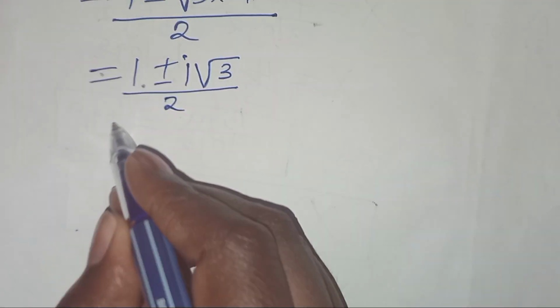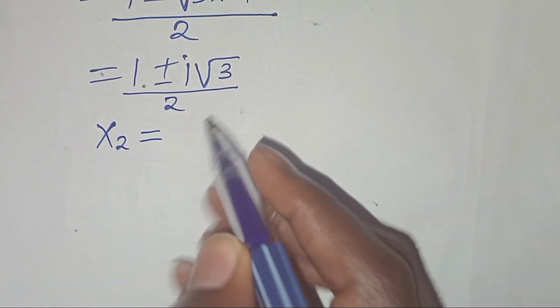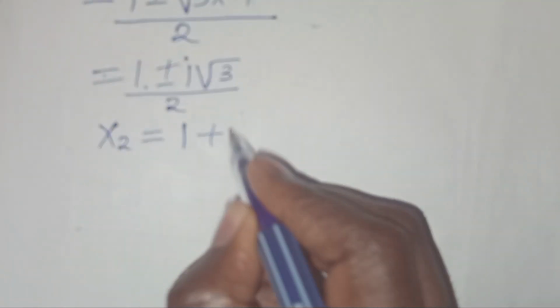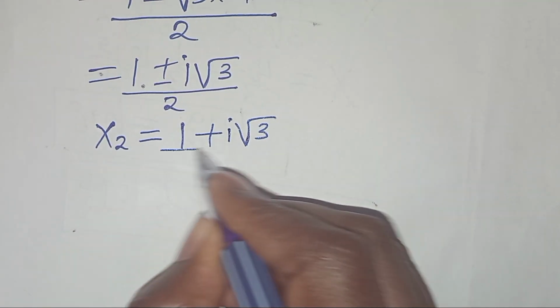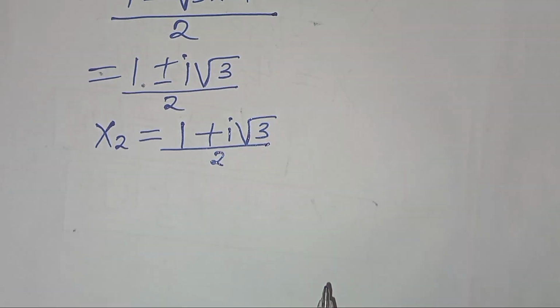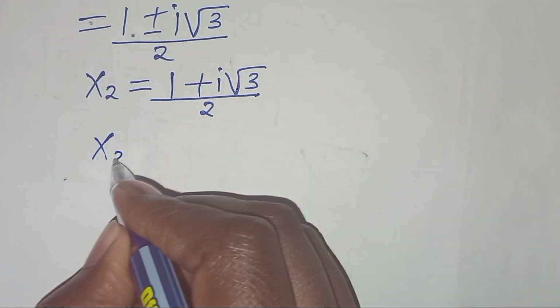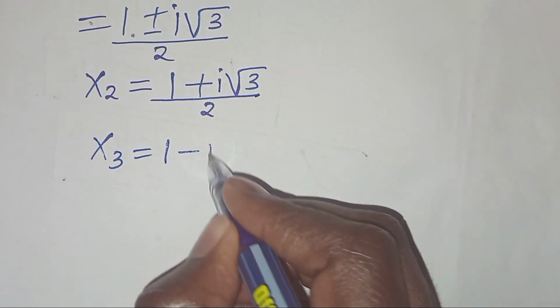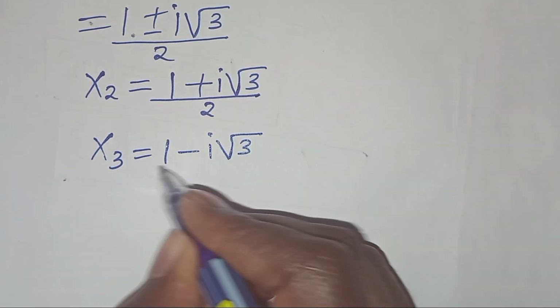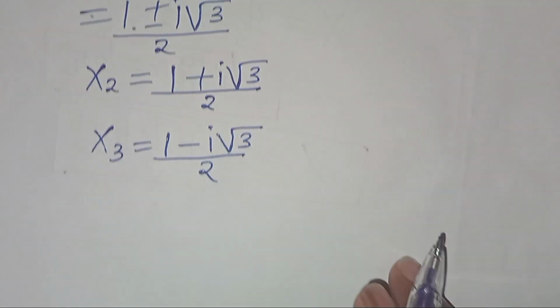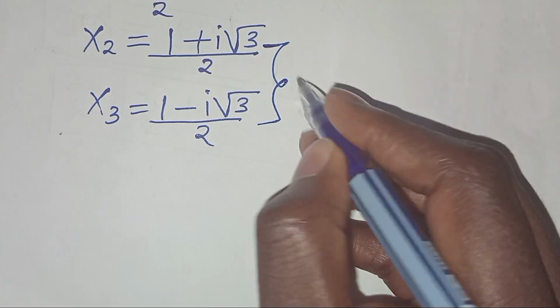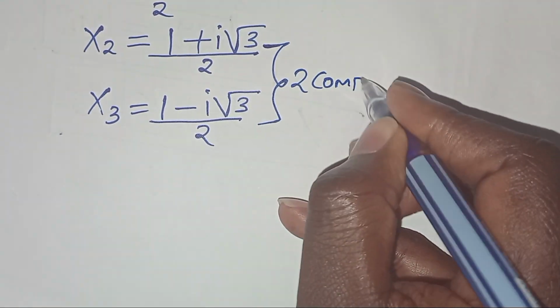So this implies that x2 here is equal to 1 plus i square root of 3 divided by 2. And x3 here is equal to 1 subtract i square root of 3 divided by 2. So these are two complex solutions we have here.